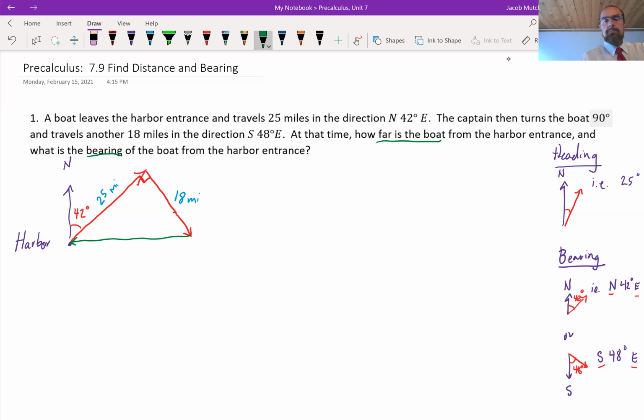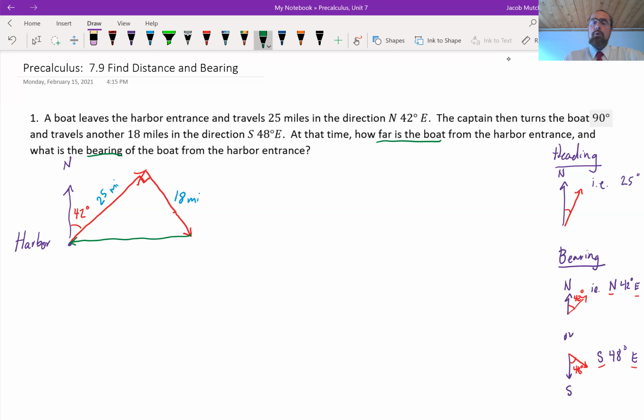So the diagram helps quite a bit. I see I have a triangle, and I need to investigate how I can find these missing pieces in order to find both the length of this green direction and also the bearing from the harbor entrance. Again, from the harbor entrance, what's the bearing?